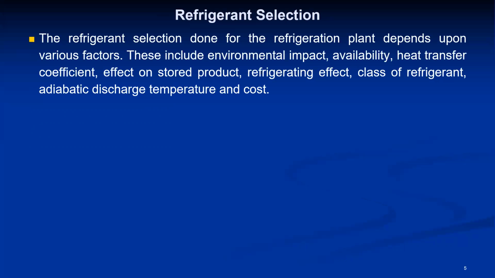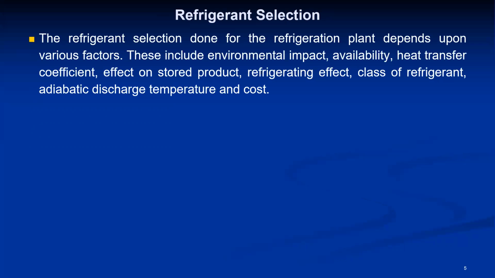We should not violate this policy. So the refrigerant must be environmentally acceptable. R12 cannot be used nowadays. Refrigerants containing chlorine components are not allowed. So environmental consideration is a major, mandatory consideration.